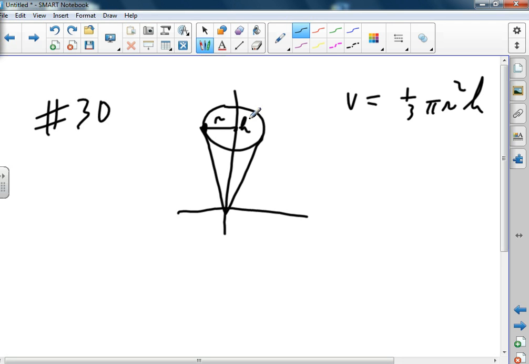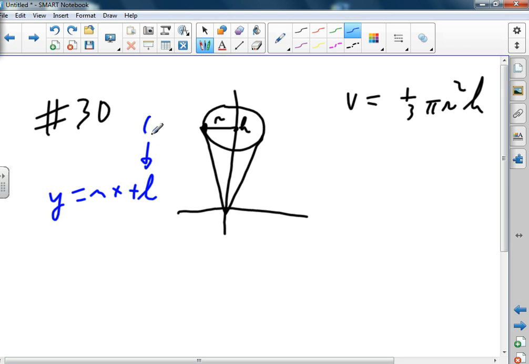All right. Use the disk method to verify this, where R is the radius of the base, and H is the height. Okay, so the issue is, what is that line? So y is equal to mx plus b.